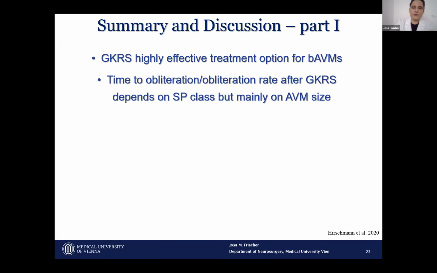So I'd like to conclude for this first part that I wanted to share with you of our own data, that in our opinion, gamma knife radiosurgery is a highly effective treatment option for brain AVMs. Time to obliteration rates after radiosurgery depend on the Spetzler-Ponce class, but in my practice, or in my opinion, mainly on AVM size.